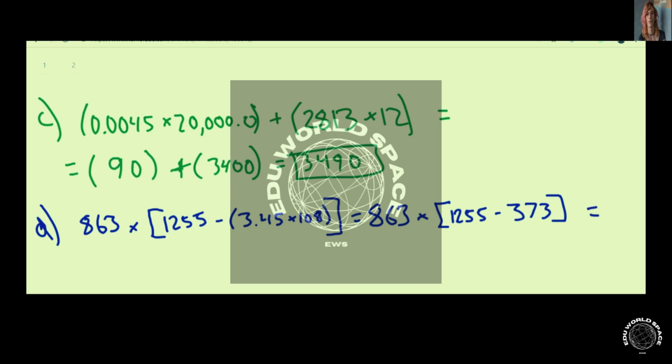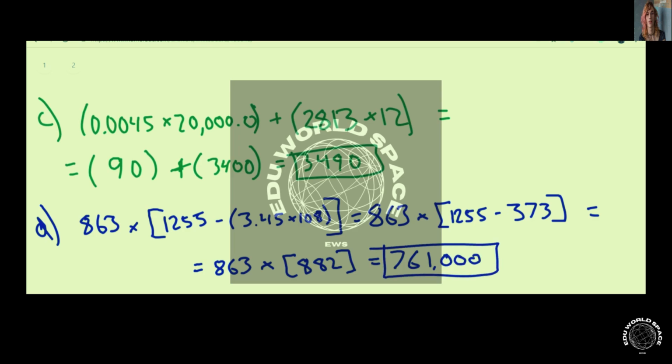So this here is going to be equal to 863 times 882, since we keep the same decimal places for both. And when we do this multiplication, we want to keep three significant figures, so we have 761,000 as our final answer.